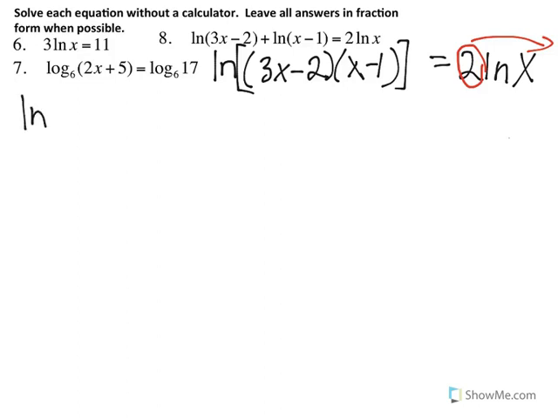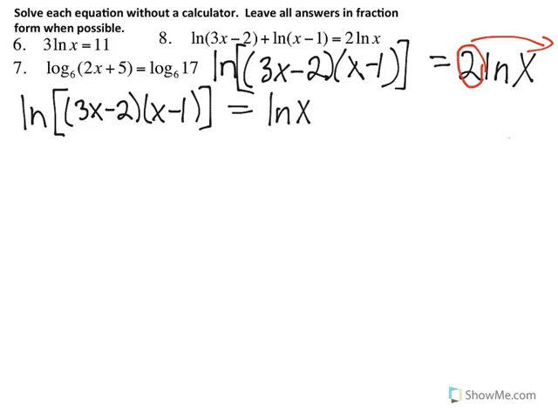I'm going to keep everything else the same for now. And on the right hand side, I'm going to rewrite that as the natural log of x squared. Now look at what you have. Do you have a single logarithm on both sides of the equation? I've got the natural log of blank times blank on the left. Check. On the right hand side, I've got the natural log of x squared.